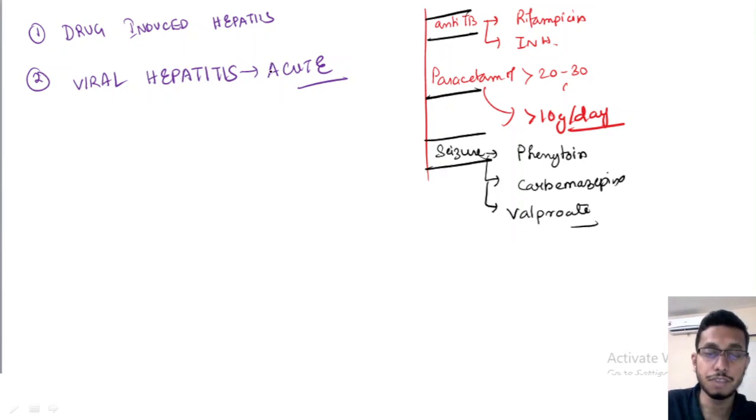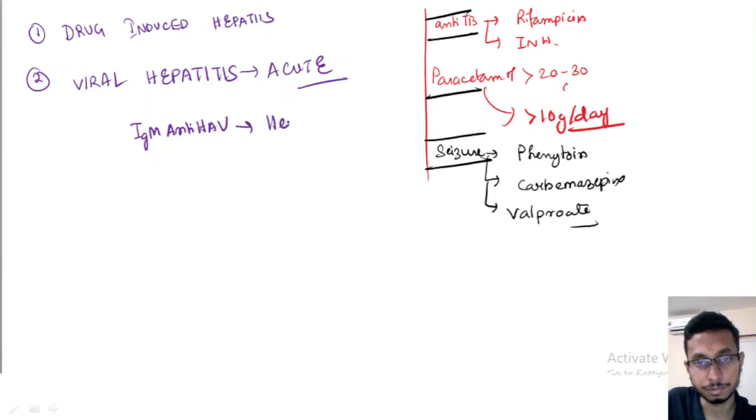Now for viral hepatitis, what serological investigations would you add? You would obviously like to do IgM anti-HAV for hepatitis A. Can hepatitis B present as acute hepatitis? Yes, hepatitis B can also present as acute hepatitis.